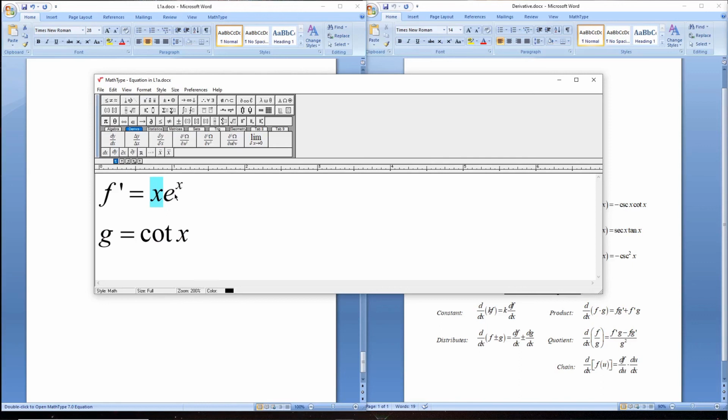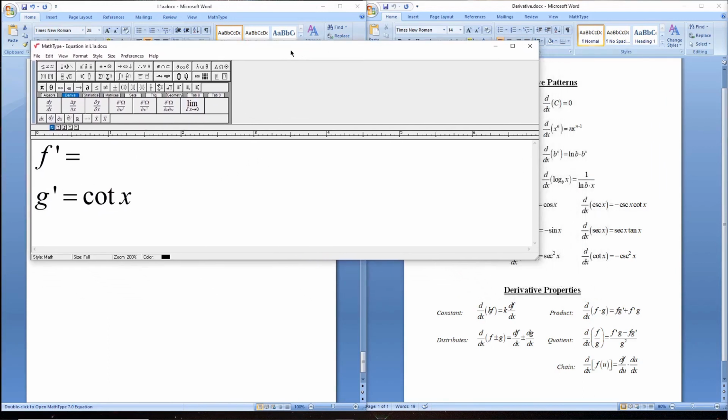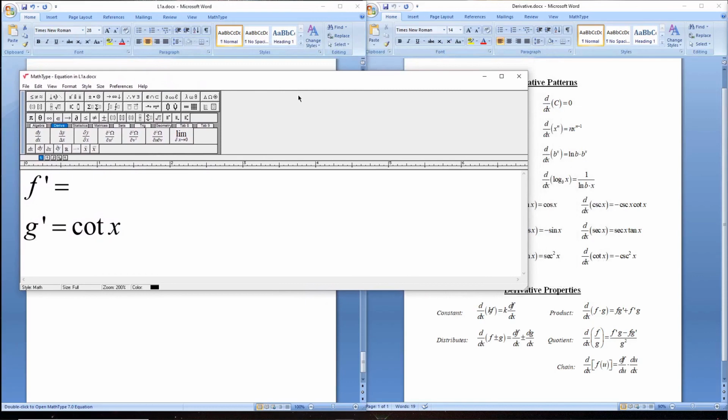A function times a function requires product rule. So this is something I'm going to hold off for a moment because we're going to need to do separate work to do that product rule there. But the derivative of cotangent is something we can look at our patterns for. And the derivative of cotangent is minus cosecant squared.